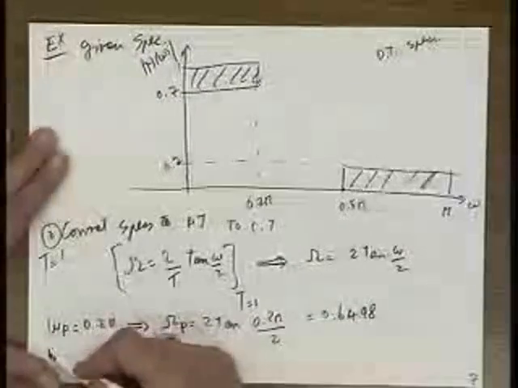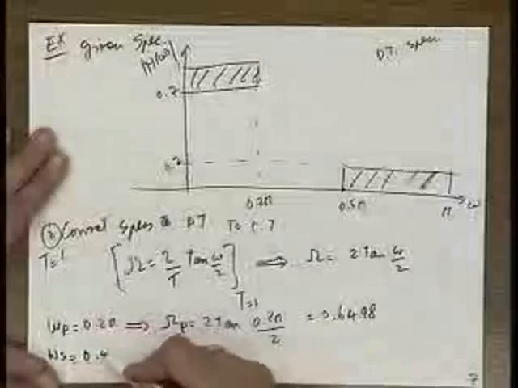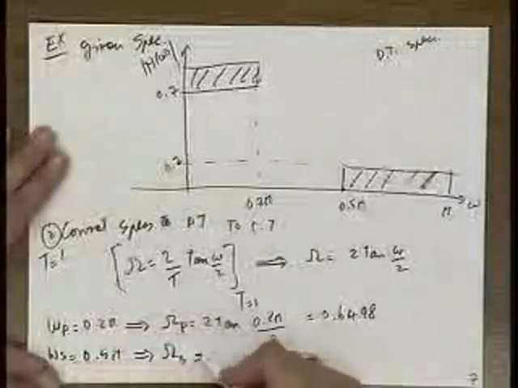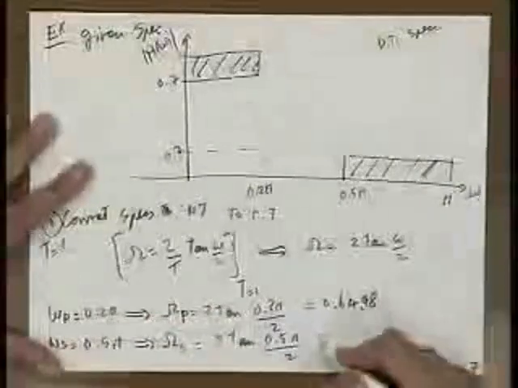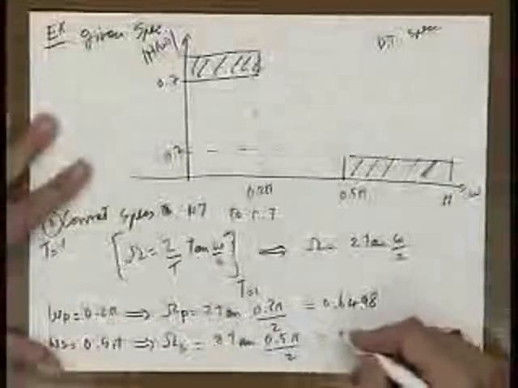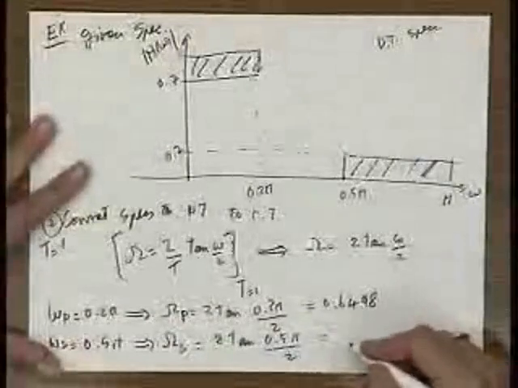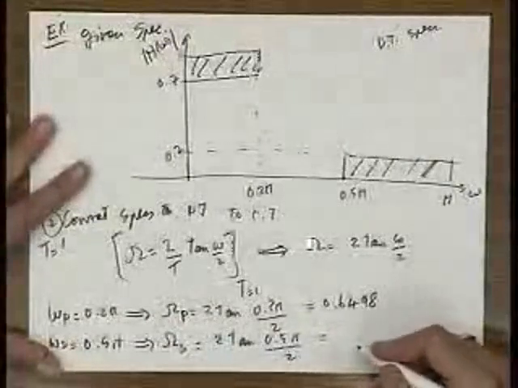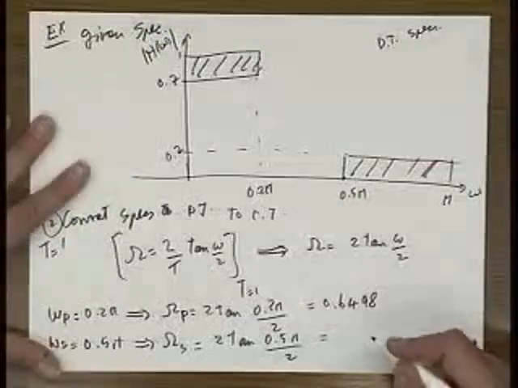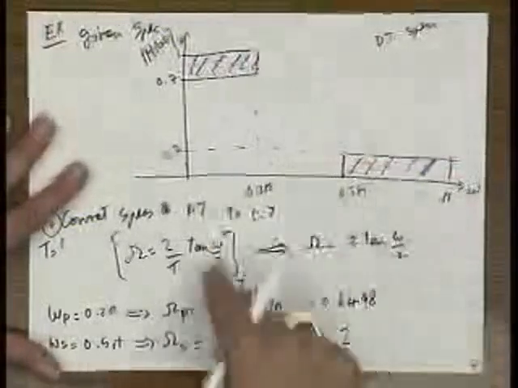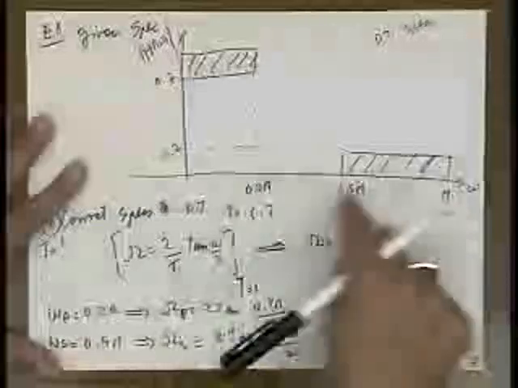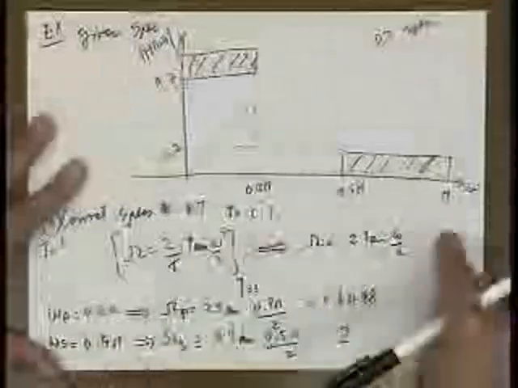If I let omega s equal 0.5 pi, capital omega s is 2 tan(0.5 pi over 2), which is 2 tangent of 0.25 pi, a quarter of a pi. And what's tangent of a quarter of a pi? 1. So 2 times 1, you get 2.